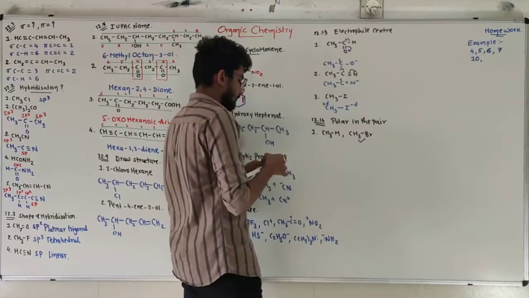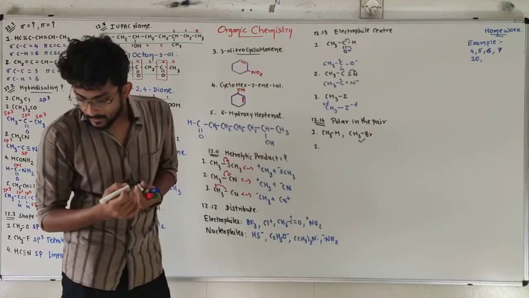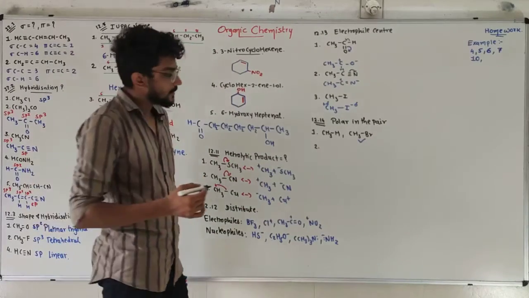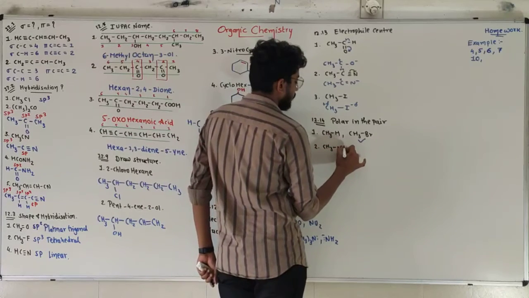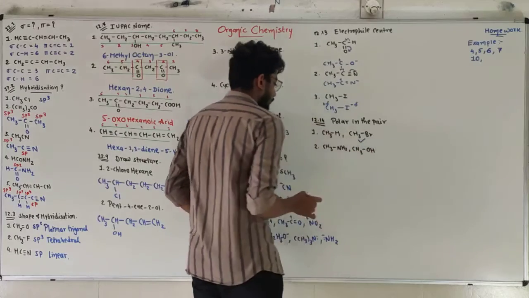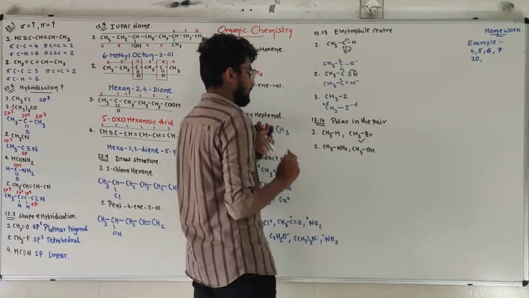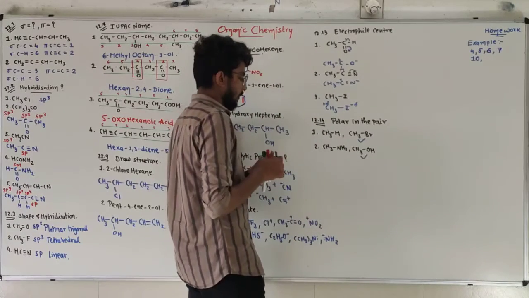After that, our second pair is CH3NH2 and CH3OH. We know that oxygen is more electronegative than nitrogen, and that's why this will be more polar.